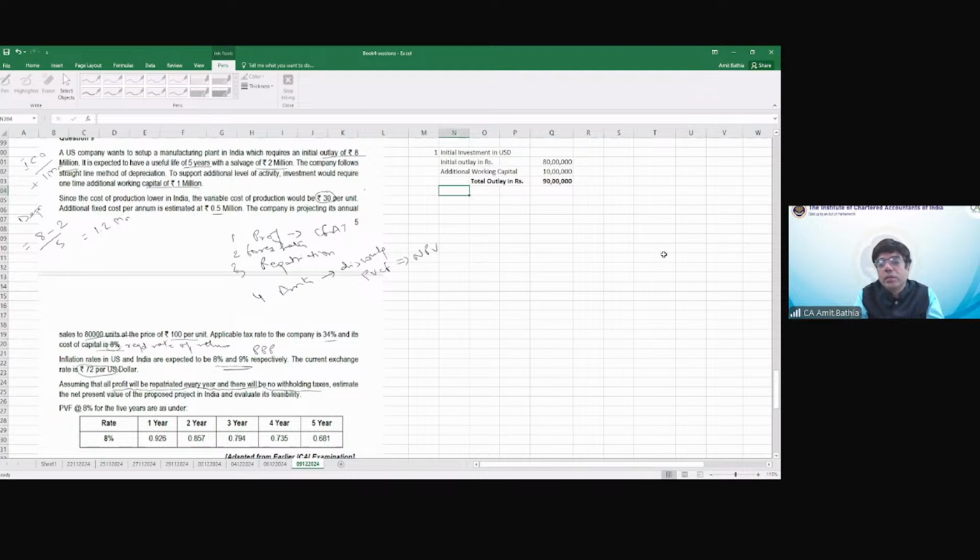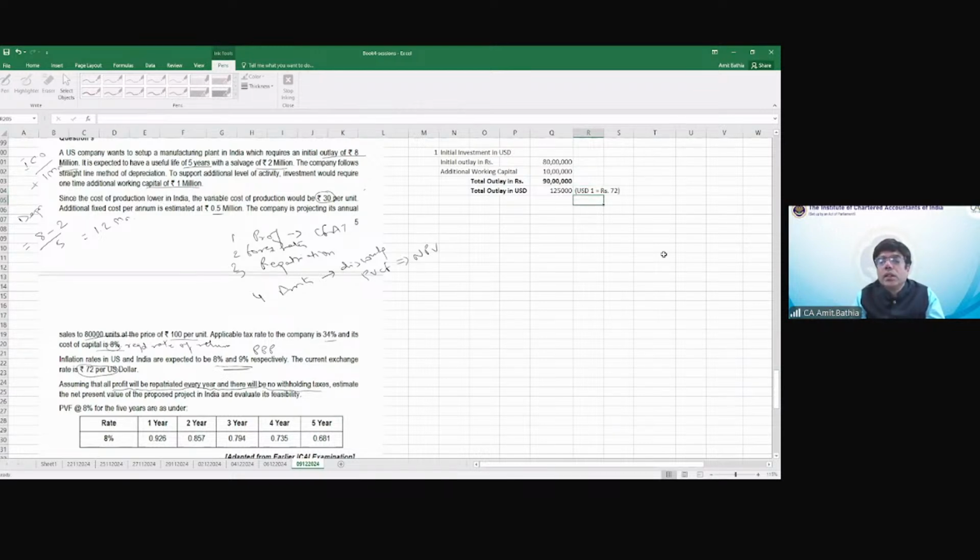What is the spot rate? Total outlay in USD will be how much? 90 lakhs divided by 72, because here USD 1 equals rupees 72.